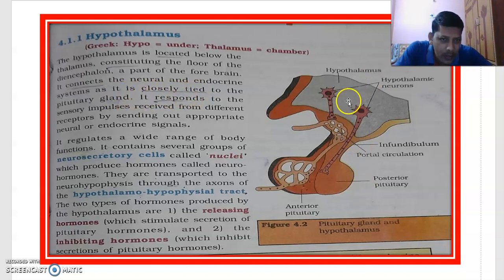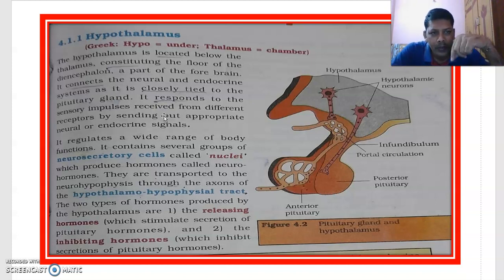This is the pituitary gland, this is the hypothalamus. It responds to the sensory impulses received from different receptors by sending out appropriate neural and endocrine signals.